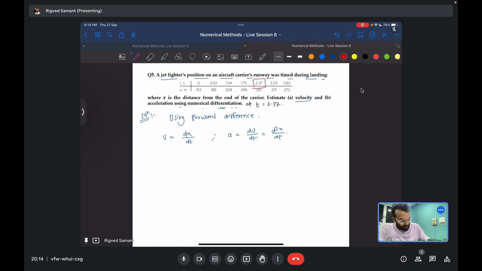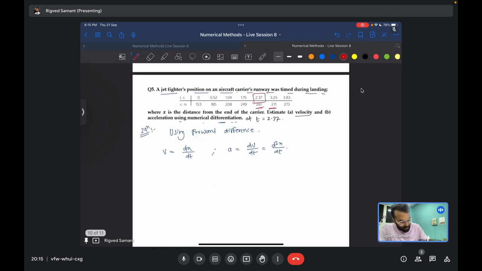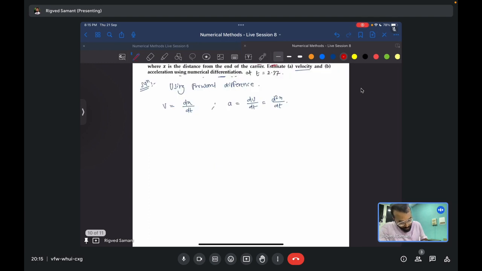For calculating velocity, you have x values and you are using a forward difference, so you will require a value at that point and after that point. Similarly, for acceleration you will require the velocity at that point and the velocity after that point. So we will calculate velocities at 2.37 and 3.25 and use those values to calculate the acceleration at 2.37. Let's see how to do that.